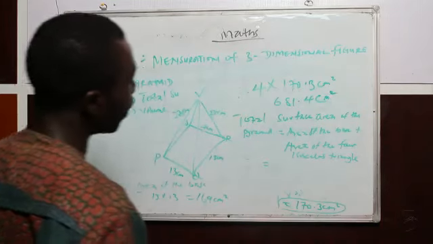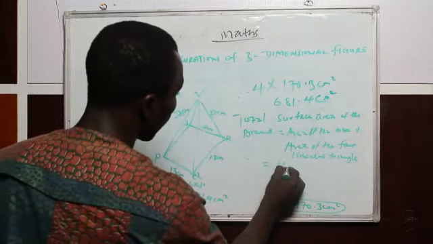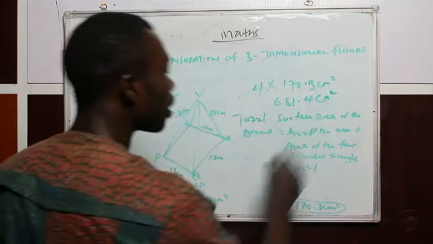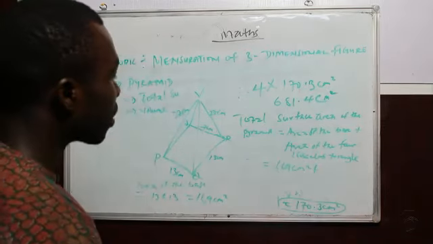Surface area of the pyramid is area of the base. We have 169 square centimeter plus area of the 4 isosceles triangles.